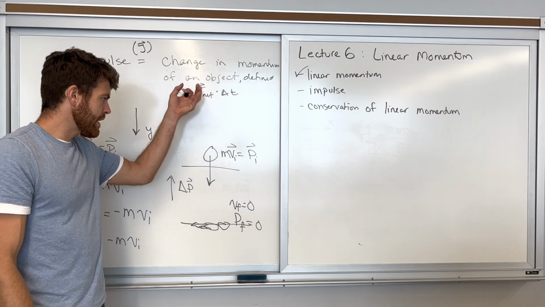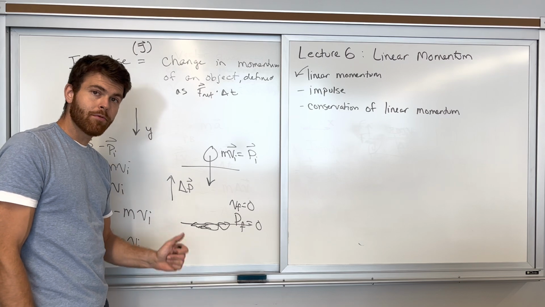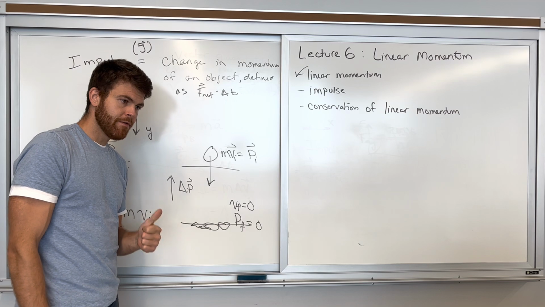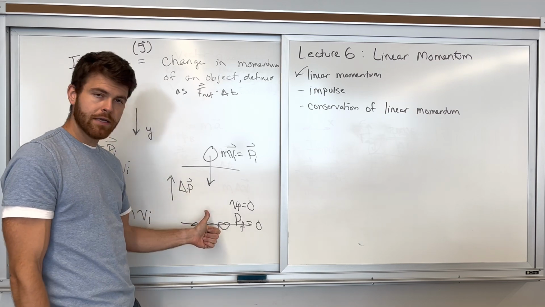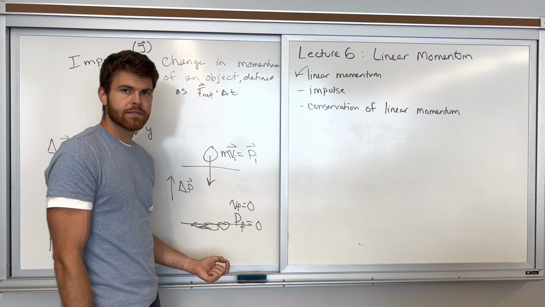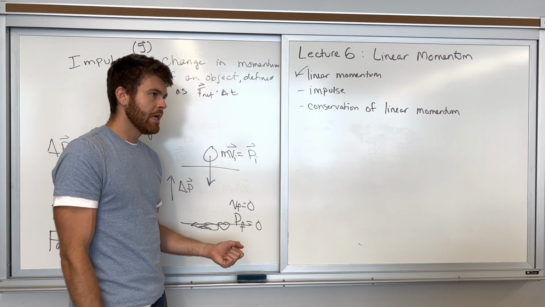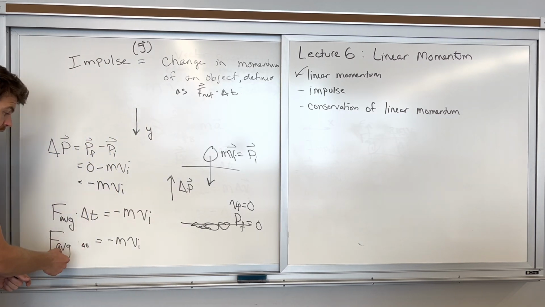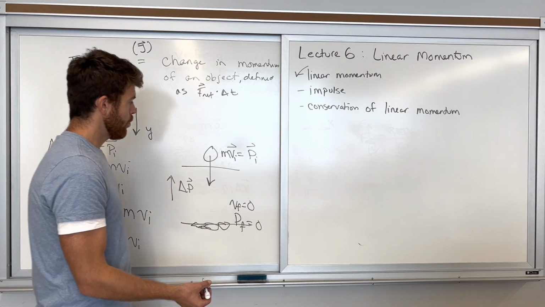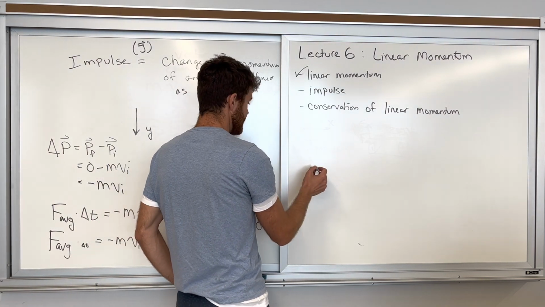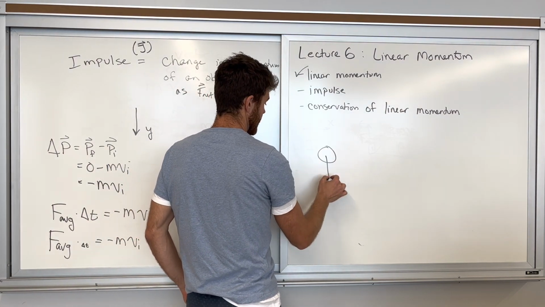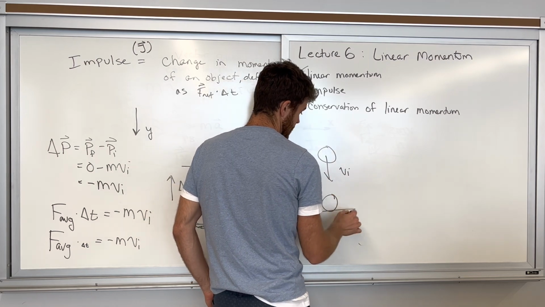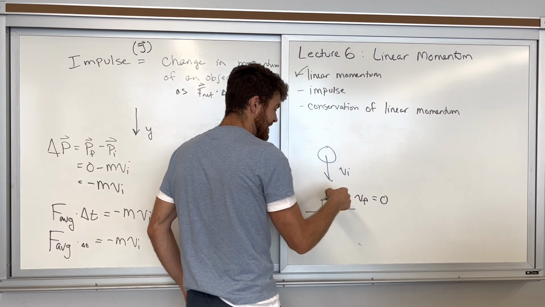Is there a way that we can drop an egg and have it come to rest without it breaking? Well, yeah. We have to reduce the force that's exerted on the egg to bring it to rest. How do we reduce the force? What we can do is increase the time. So we have another scenario where the egg has a velocity downward, and we bring it to rest, but it stays intact.